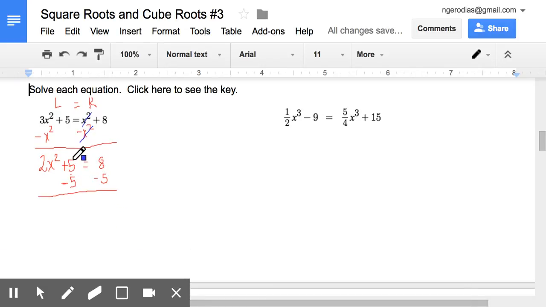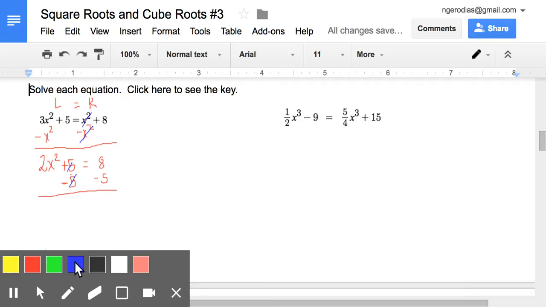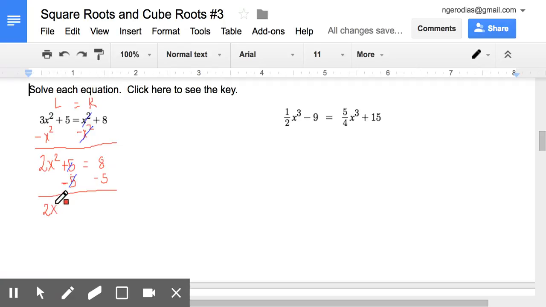So now we'll have plus 5 minus 5 becomes 0. And therefore, we're going to get 2x squared equals 3.